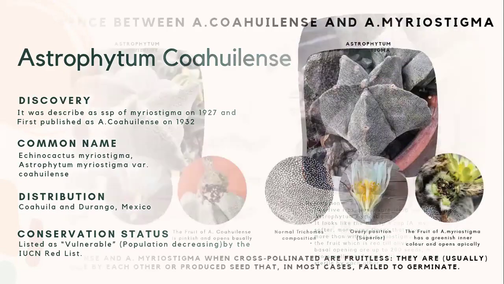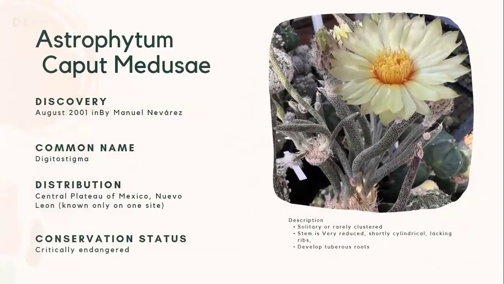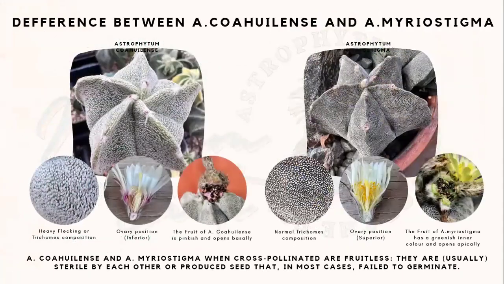To clarify the difference between coahuilense and myriostigma, there are three definite differences between these two: the trichomes, the flower, and then the fruit itself.